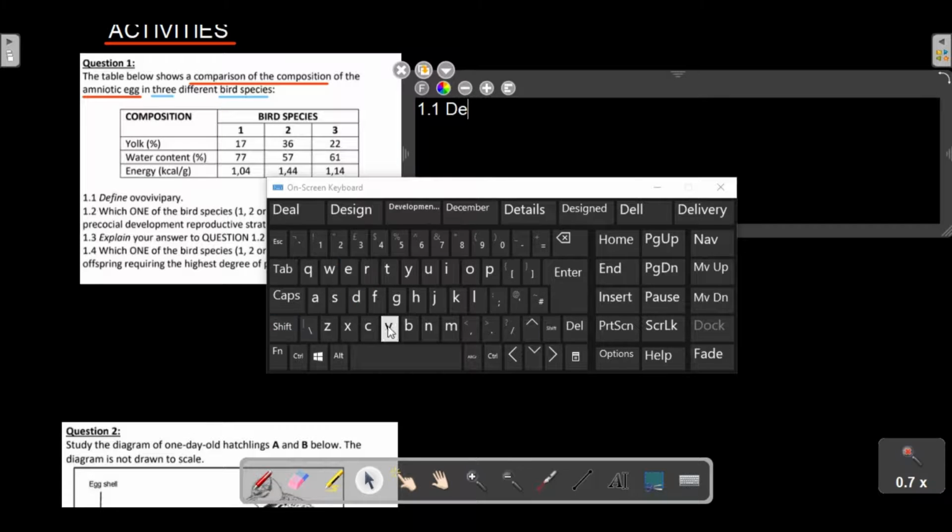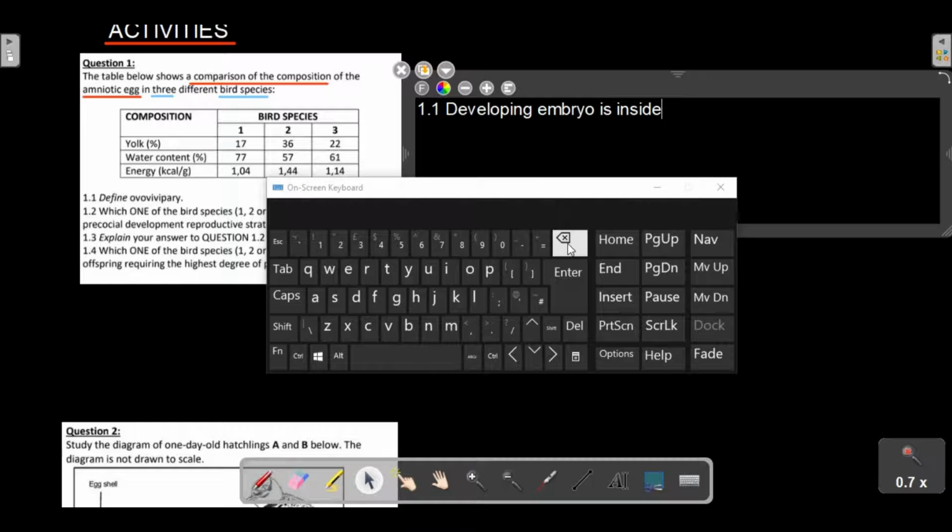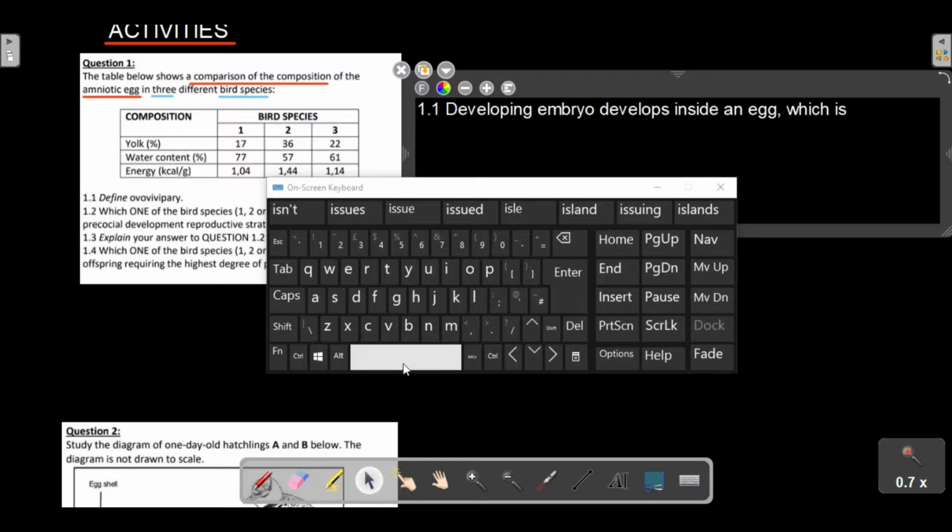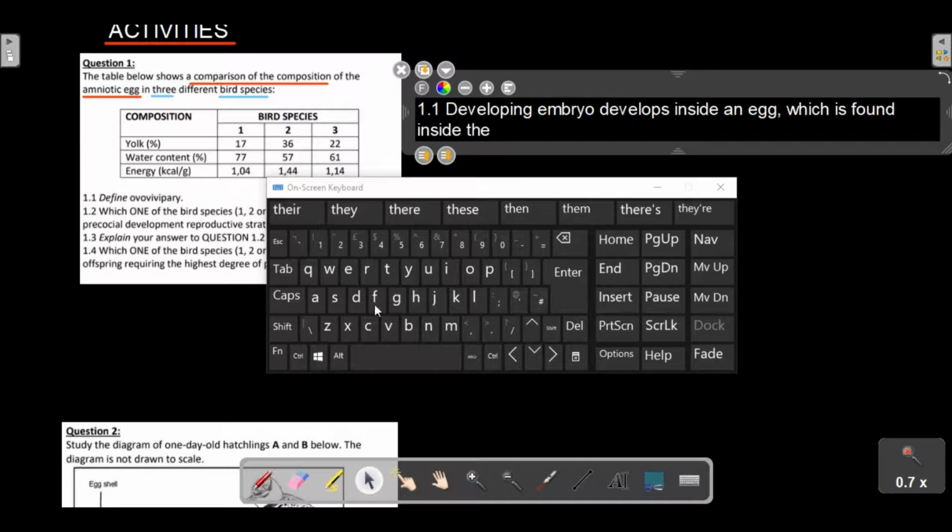The developing embryo develops inside an egg, but that egg is inside the female's body, during gestation.